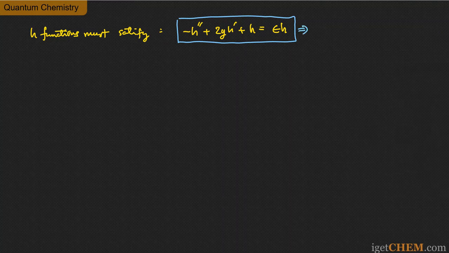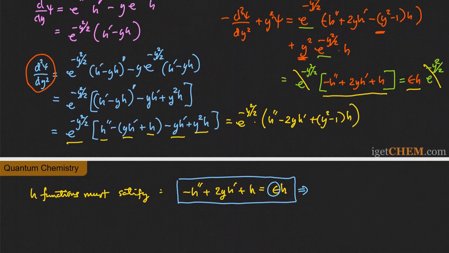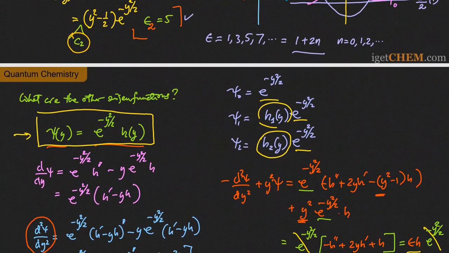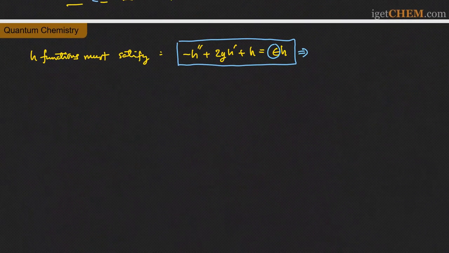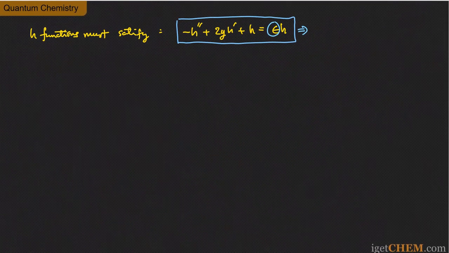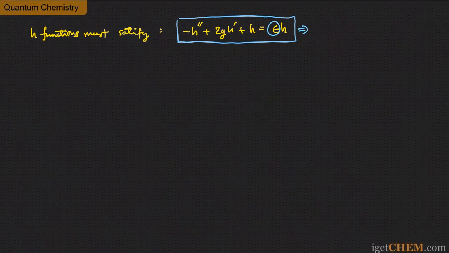First of all, you notice that this contains this epsilon, which are the eigenenergies, but up above we have discovered that these eigenenergies in fact are essentially written as 1 plus 2n, where n is any of the non-negative integers. And so what we can do is just substitute that into this equation, since we know epsilon is basically just 2n plus 1.